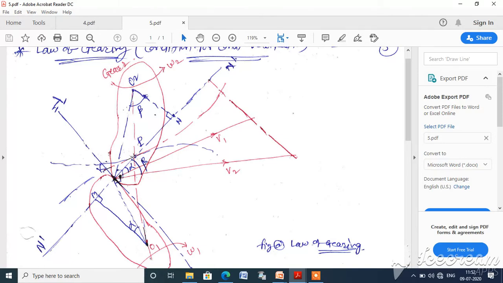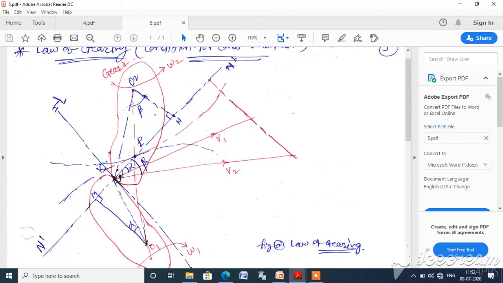Here you can find the pitch circle of gear 1, and this one is the pitch circle of gear 2. When two pitch circles meet at a particular point, that point is known as pitch point, denoted by P. By geometry I have drawn the triangles.